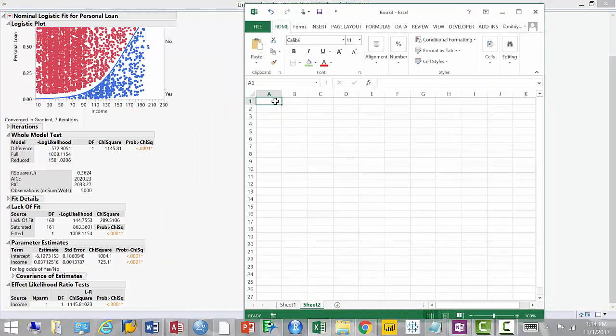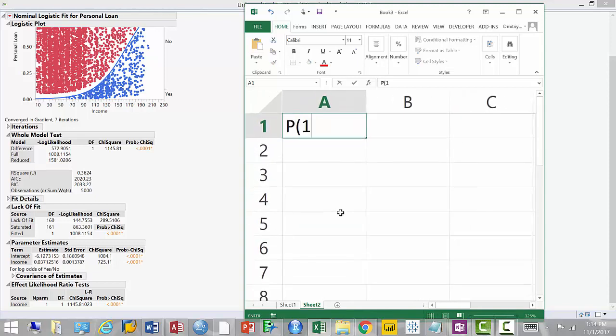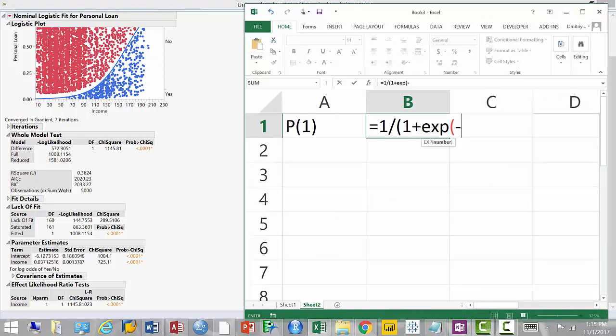So I'm just showing you how this model is used when it's constructed, right? So probability, now let me make it bigger so that you can see better. Probability of getting a loan equals 1 divided by 1 plus EXP of, well, let's put the full expression, minus, and then I have the regression.